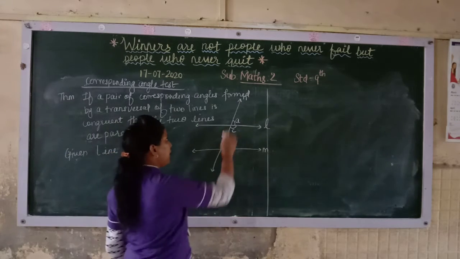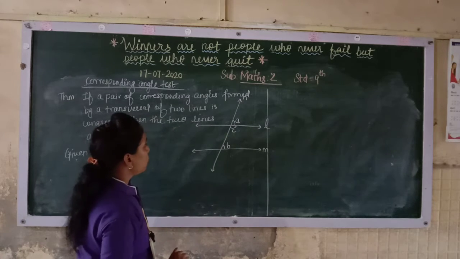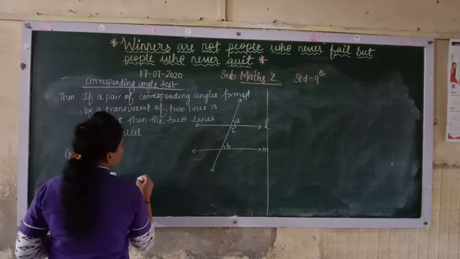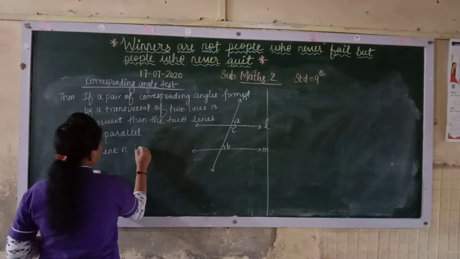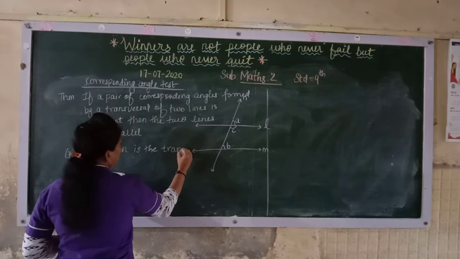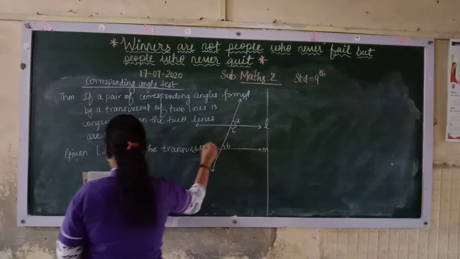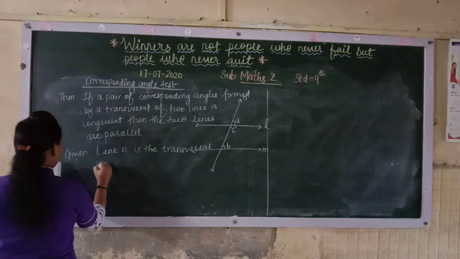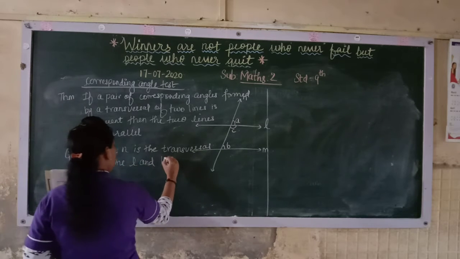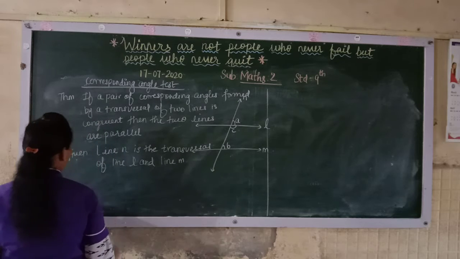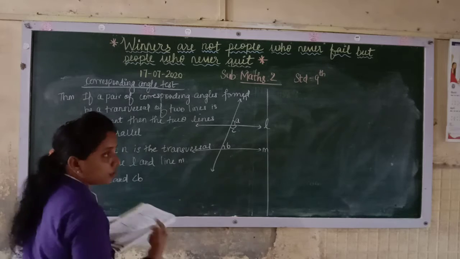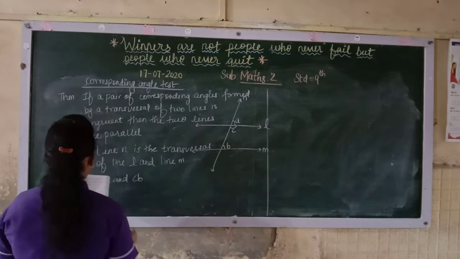You know that the line N is the transversal and you know that A and B are congruent angles because they are corresponding angles. So you will write line N is the transversal of line L and line M. Angle A and angle B, they are a pair of corresponding angles, so they will be equal to each other.